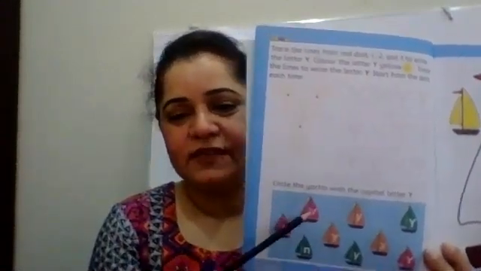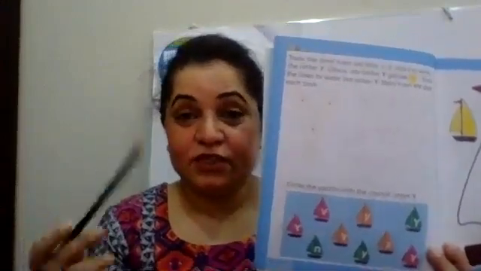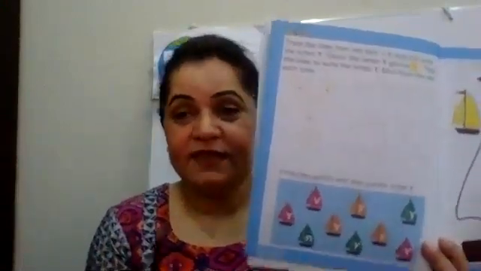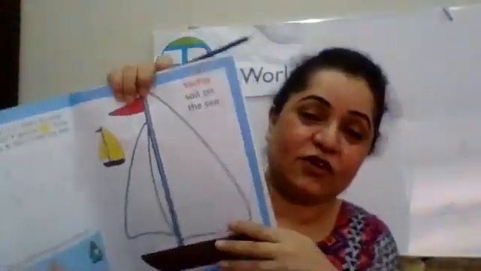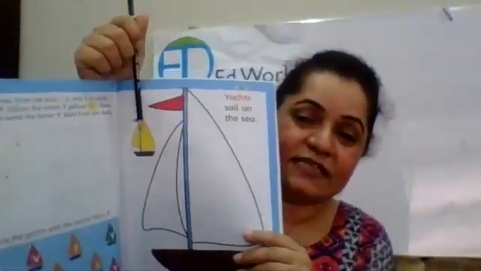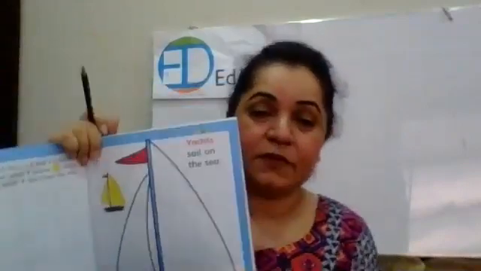You don't have to circle this, right? You should tell me if I make a mistake, right? And you can color the yacht later on. You can color it yellow as it shows over here, or you can color it of your own choice, your favorite color, or whatever color you like.